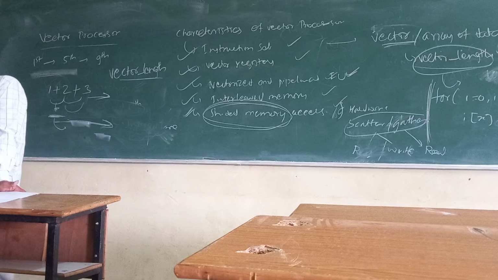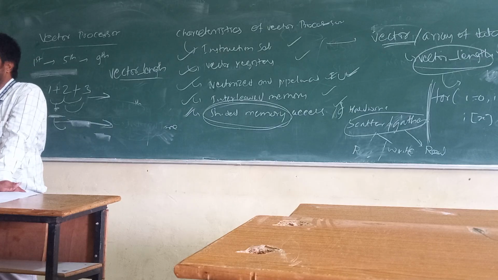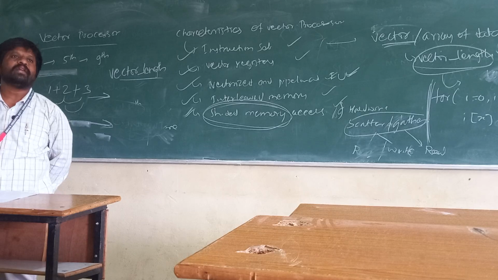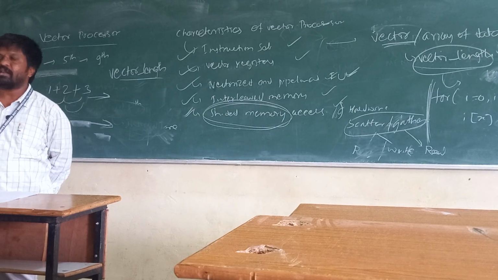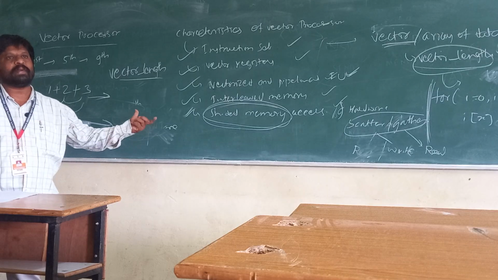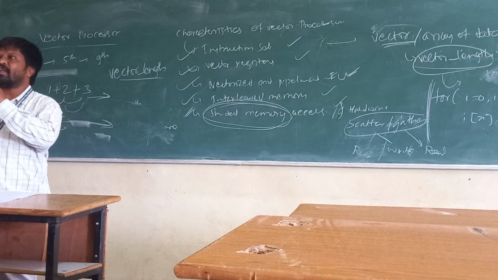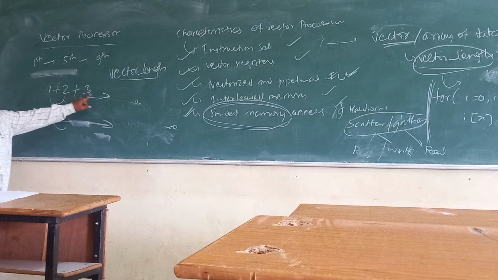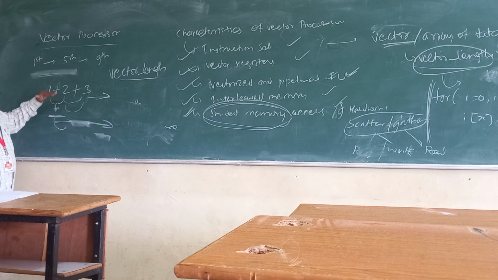Next point, vector operations are SIMD, single instruction multiple data. Here the single instruction is the addition operation. Multiple data means we are taking multiple data one by one: the next one, second, third, fourth. We perform the same operation, a single instruction, on the multiple data, 1, 2, 3, 4, 5.